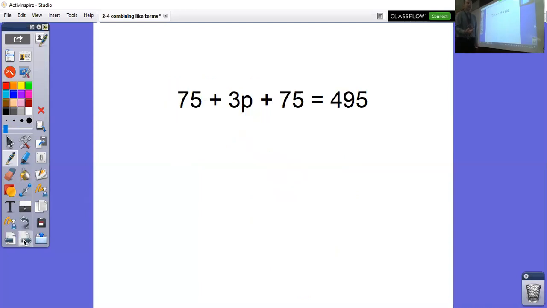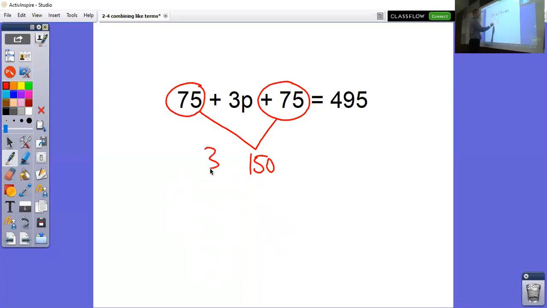Sometimes you're not going to add together letters and letters, things that have the same last name. Sometimes, like in this one, you're only going to add together plain numbers. We have a plain number here and a plain number here that doesn't have the same last name as the letter term. So 75 plus 75 is 150. It's a positive 150.